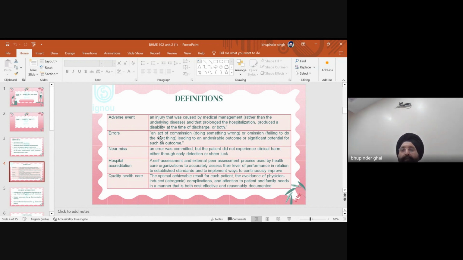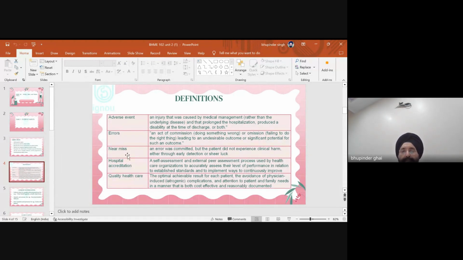Then it will be an act of omission. That means for what he has been admitted, he is not treated for that. He is getting treatment for something else. You can say it's an act of omission. And if this leads to an undesirable outcome or significant potential for such an outcome, then it comes under error.